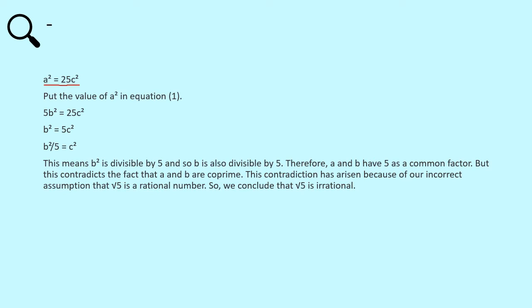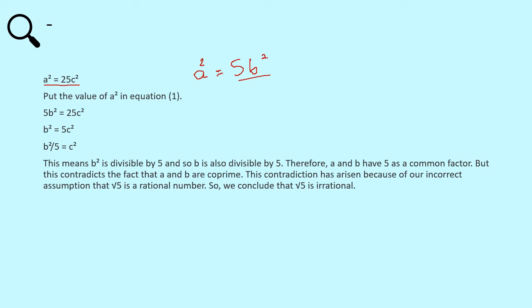Our last equation was a squared is equal to 5b squared. So 5b squared is equal to 25c squared. b square is equal to 5c square and it shows that b square is divisible by 5, which further means that b is divisible by 5.